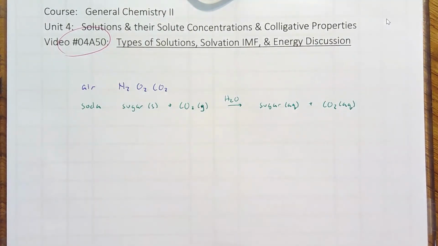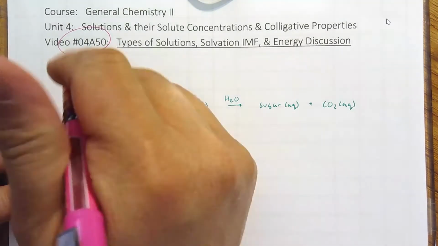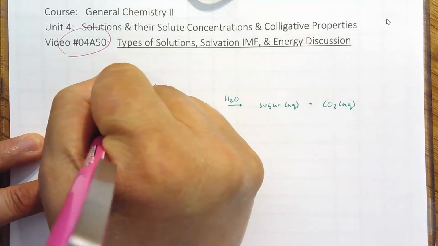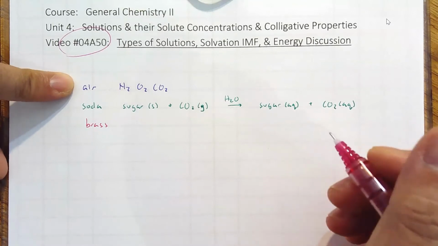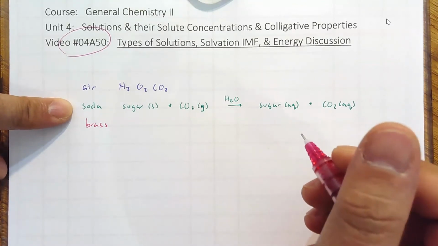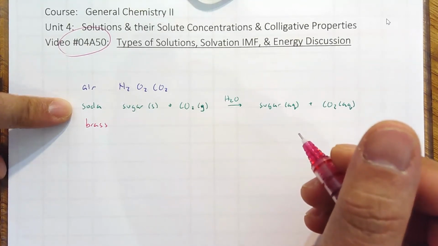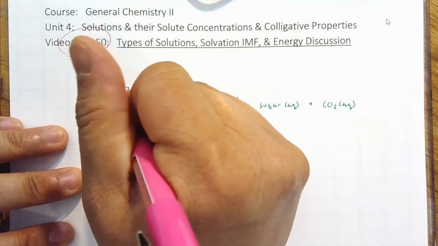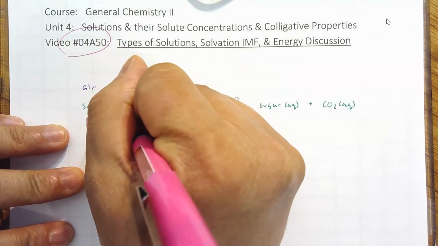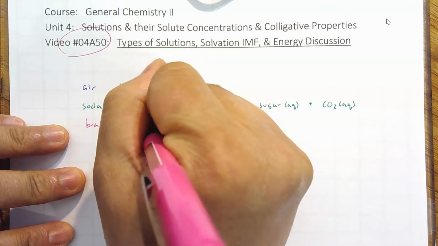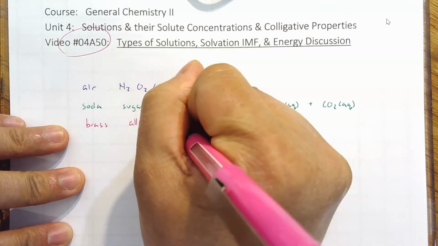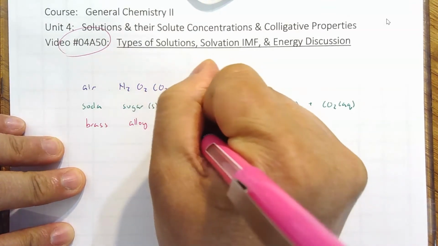And the last one I want to discuss is brass. Right, so we have gases in a mixture, we have solids and gases in liquid. Brass is a mixture of two metals. It's an alloy of copper and zinc.